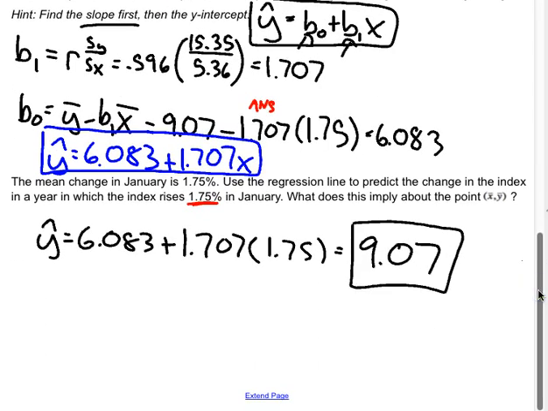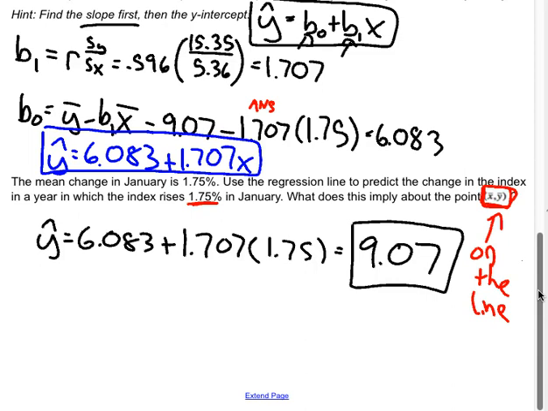Well, that's saying that this point, the point with the two averages, is actually on the regression line. The way that this formula is built, the point with the mean of x and the mean of y always exists on the line.